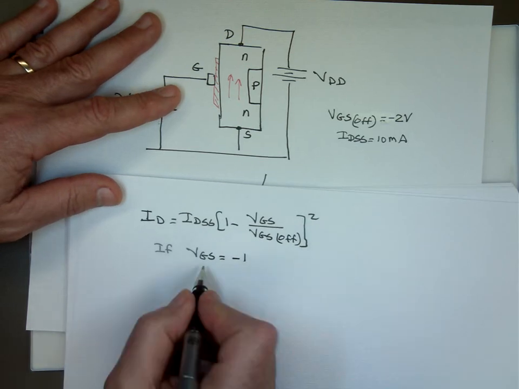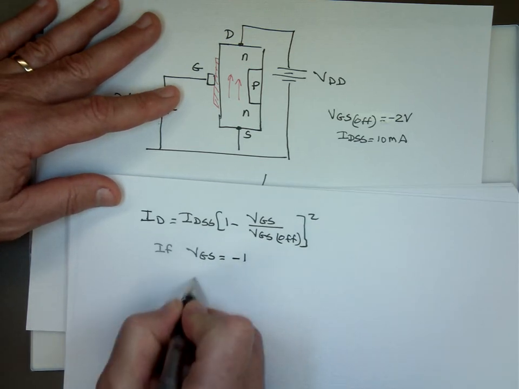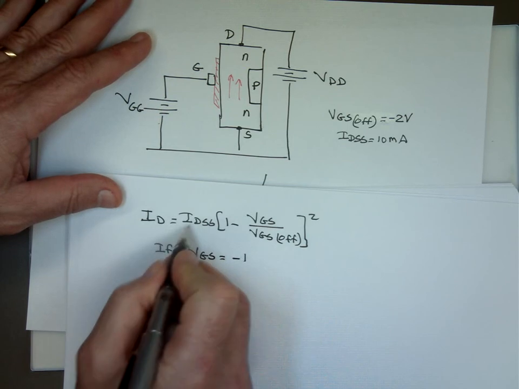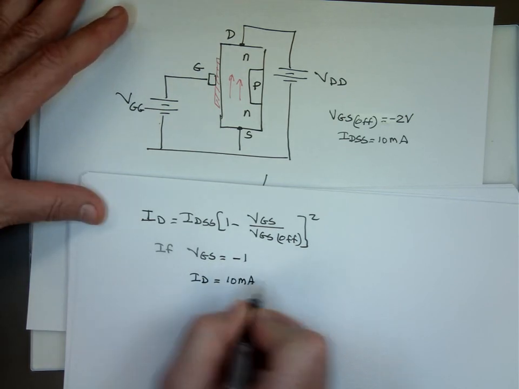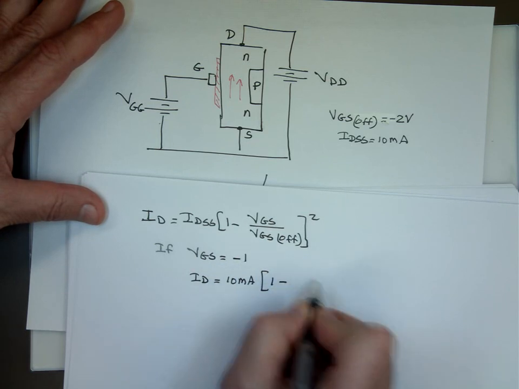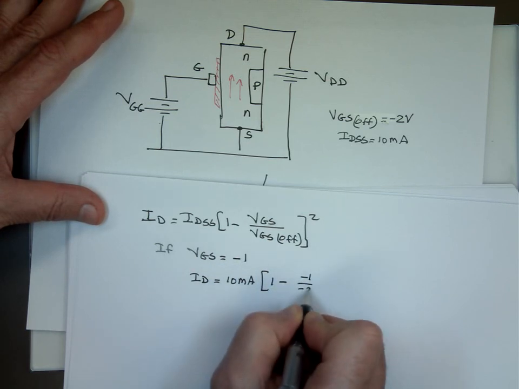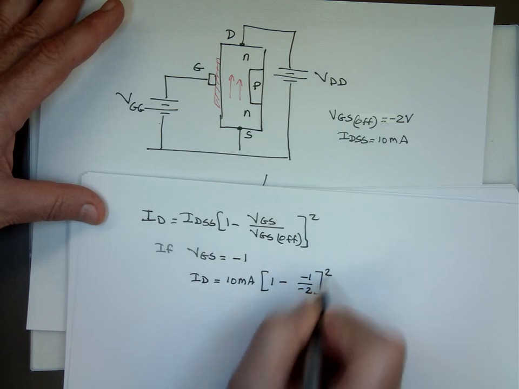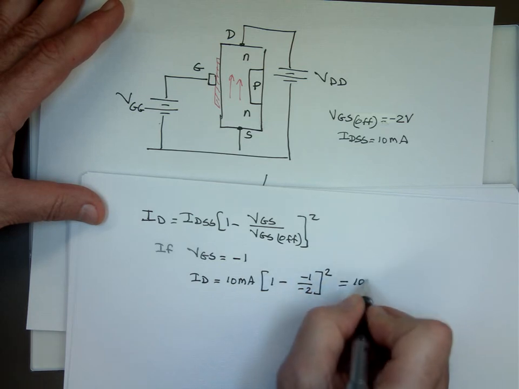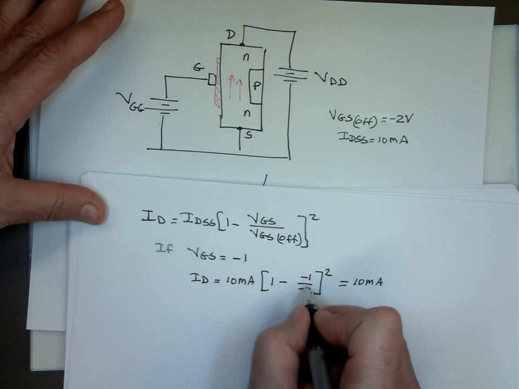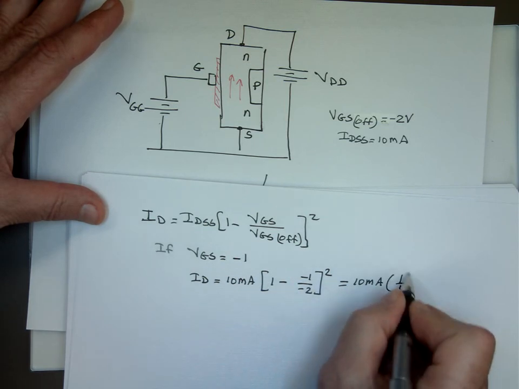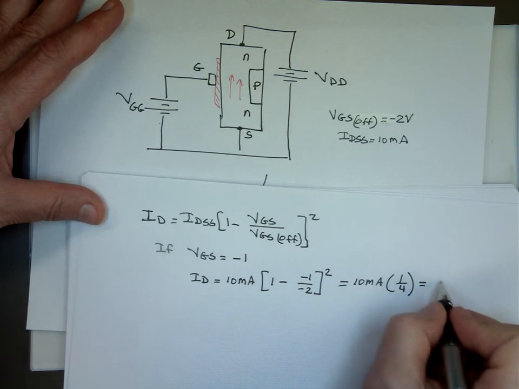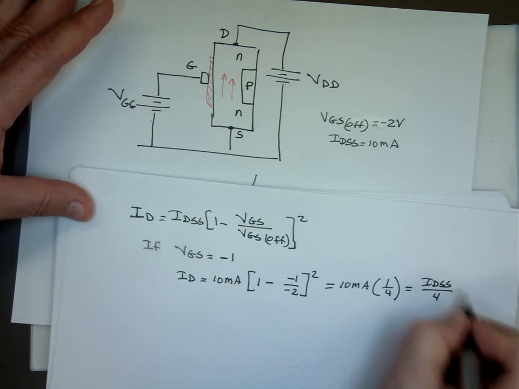I sub D is going to be I sub DSS, I'm using 10 milliamp, times 1 minus negative 1 over negative 2. That's a half. 1 minus a half is a half, squared, that's 1/4. So I'm getting I sub DSS over 4, which in this case is 2.5 milliamp.